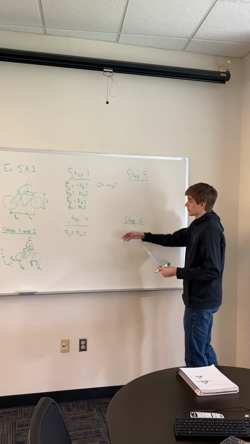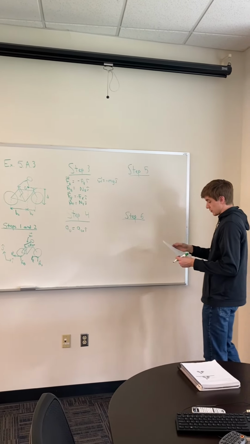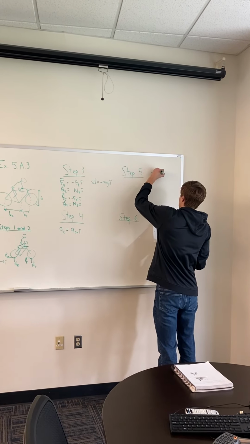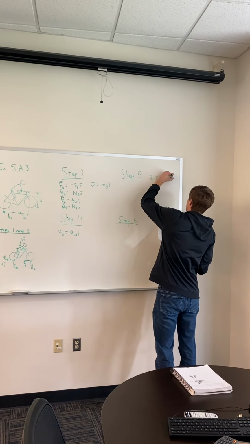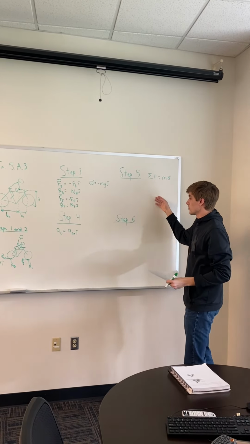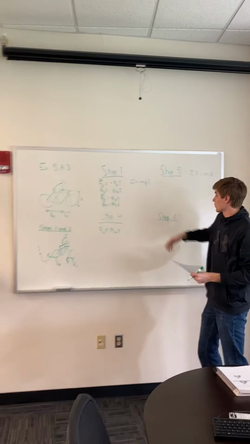Okay, now that we've gotten our accelerations and our forces written out in vector form, we can now use the sum of the forces equals mass times acceleration for step 5. So now all we're going to do is take our mass times our acceleration and then sum our forces.